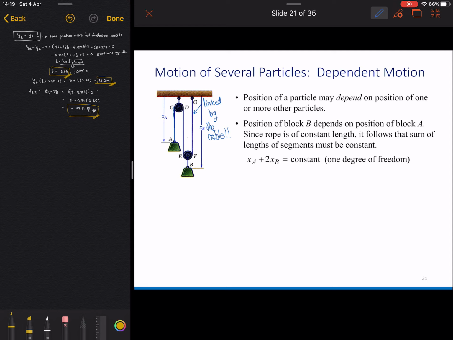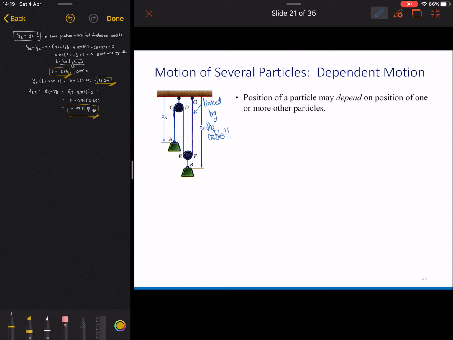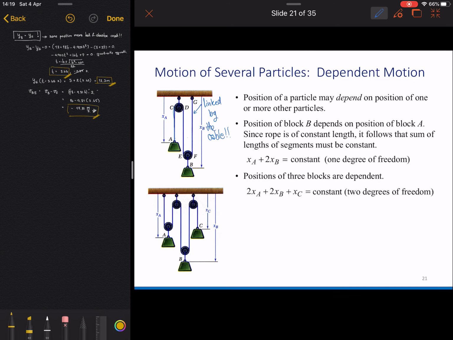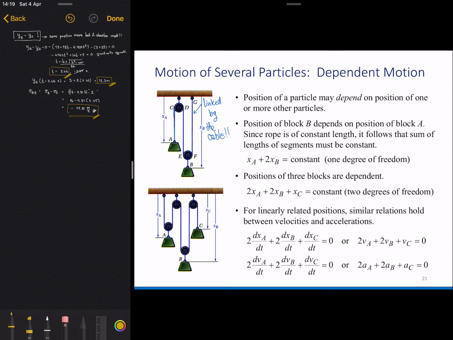It follows the sum of the length of the segments is constant. So in conclusion, when you move A down, for example, then B will move up, but only half of the length. Okay, you may also prove it, it's fine, right?